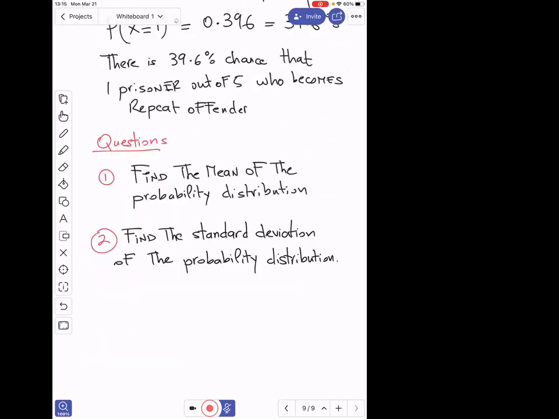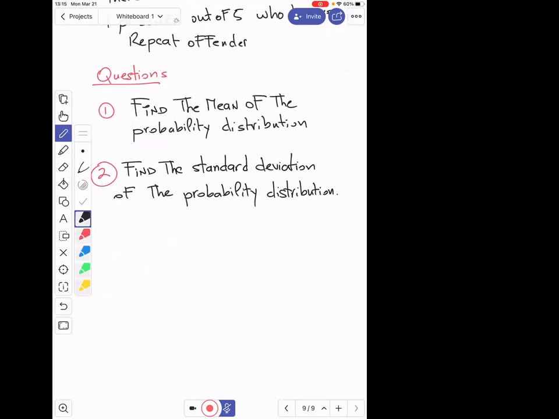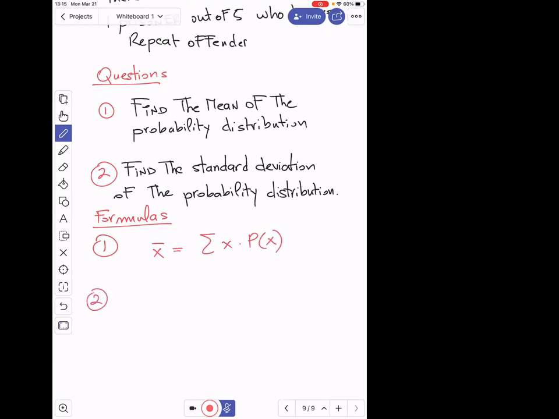Just to remind you of the formula: for number 1, the mean X bar is just the sum of X times P of X. For 2, the standard deviation: first you need to compute the variance S squared, which is the sum of X minus X bar squared times P of X. And then S, the standard deviation, will be the square root of S squared.